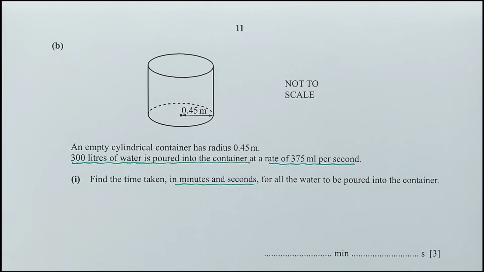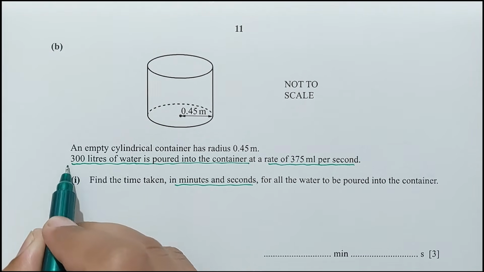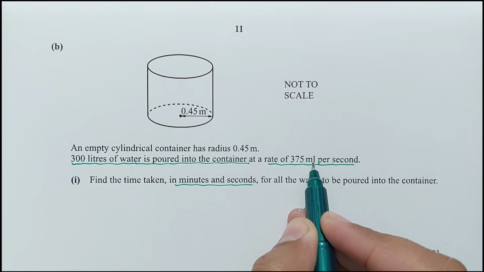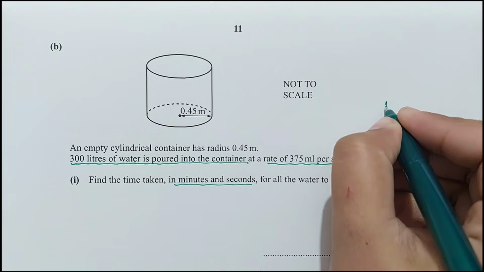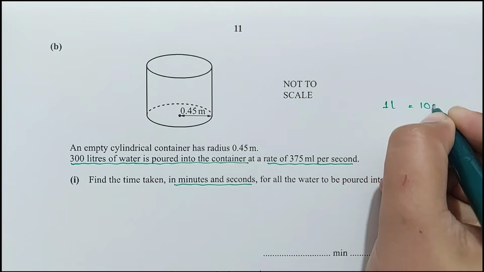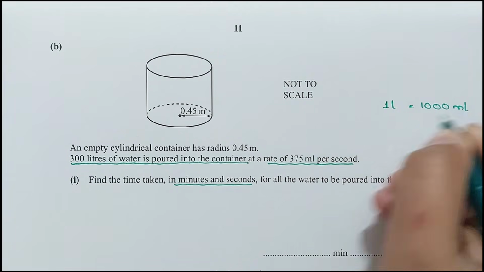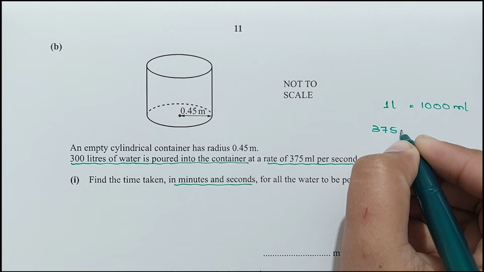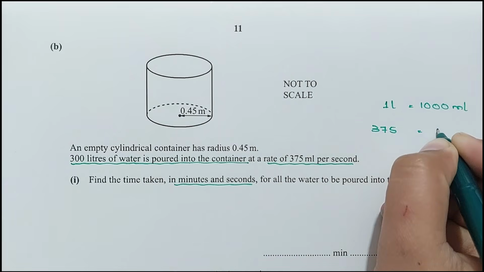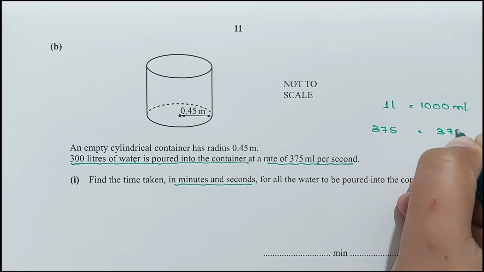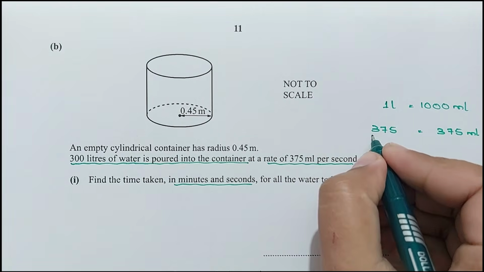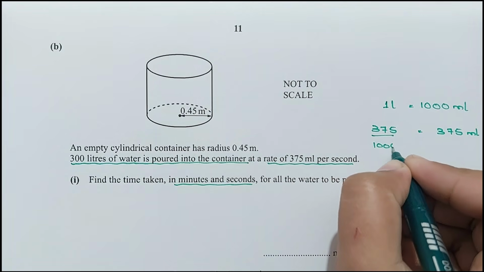So first we have to convert to the same units, the 300 liters and 375 milliliters. So we know that 1 liter has 1000 milliliters. 375 milliliters we have to calculate, right? 375 milliliters is 375 out of 1000 liters.